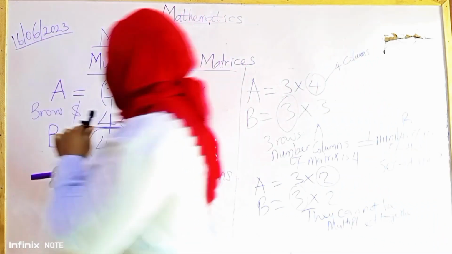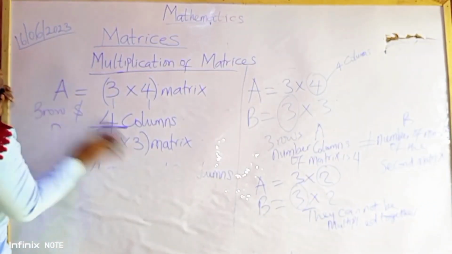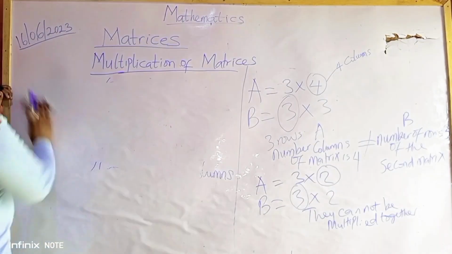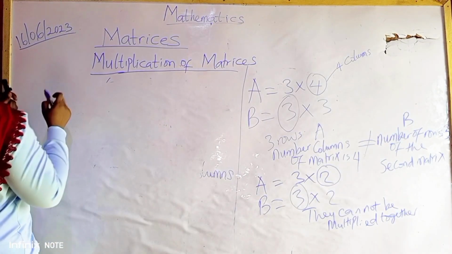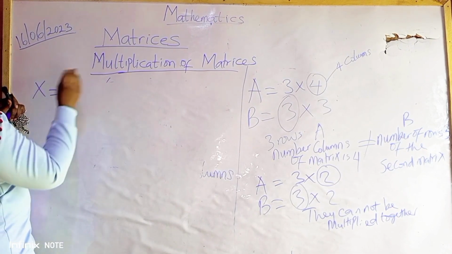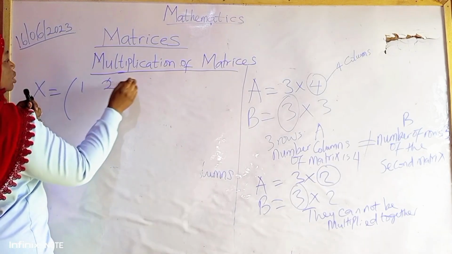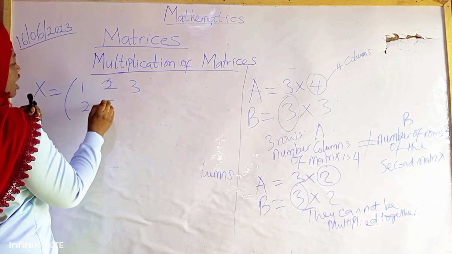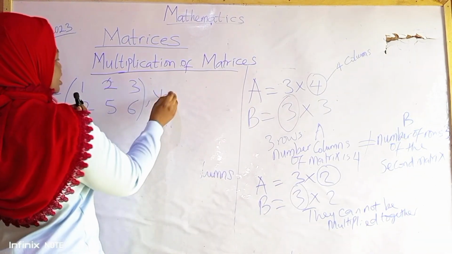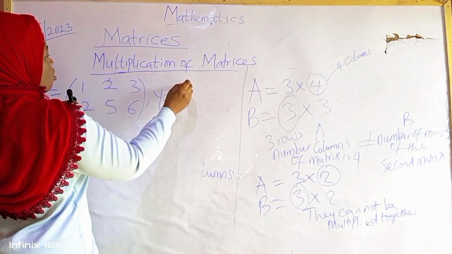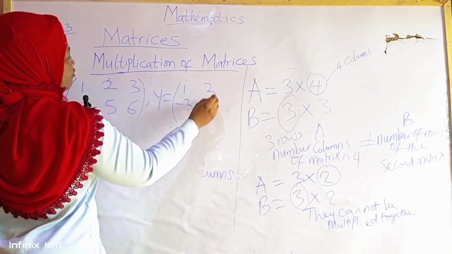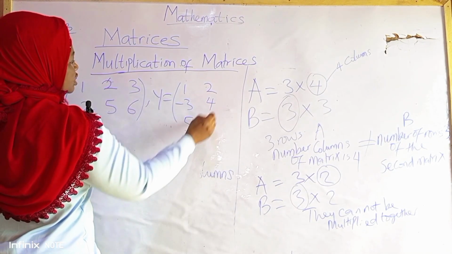Now let me give you an example. For example, my matrix X is equal to 1, 2, 3, 2, 5, 6, and my matrix Y is equal to 1, 2, minus 3, 4, 5, 6.